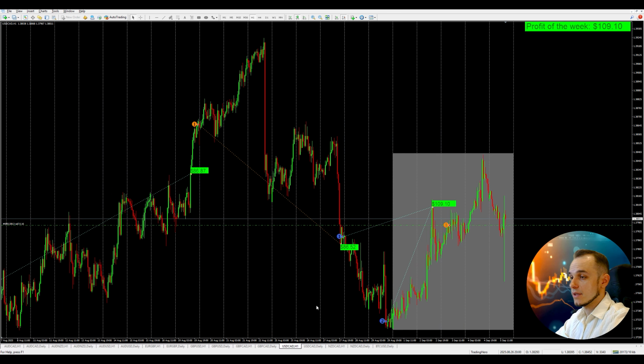The next currency pair is USD CAD, and here, as I said, you can see that all currencies are growing, but in our case the US dollar is growing against the Canadian dollar.